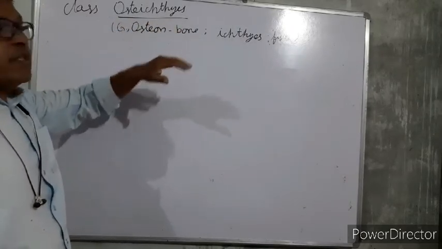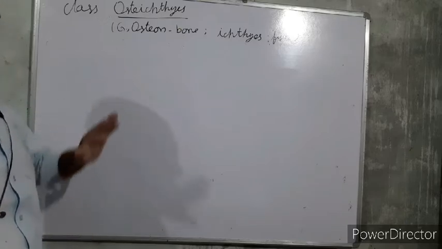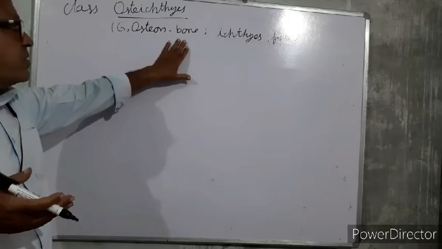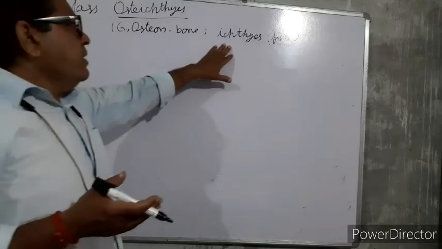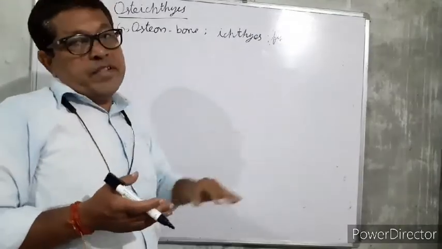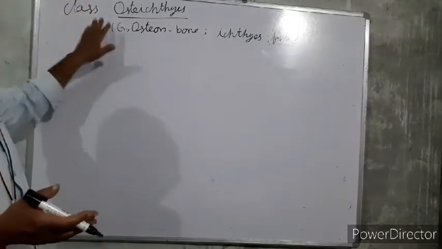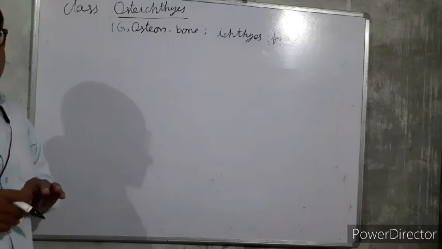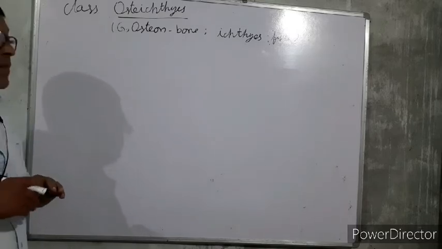So today we are studying the class Osteichthyes. It is derived from the Greek words osteon meaning bone and ichthys meaning fish. It means the class Osteichthyes includes the bony fishes.